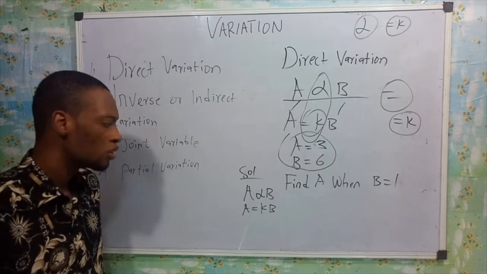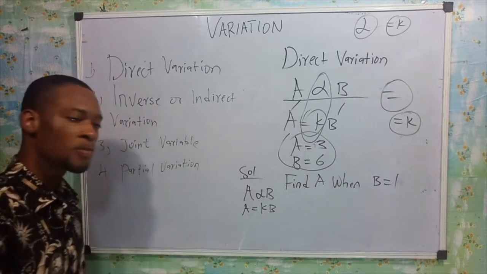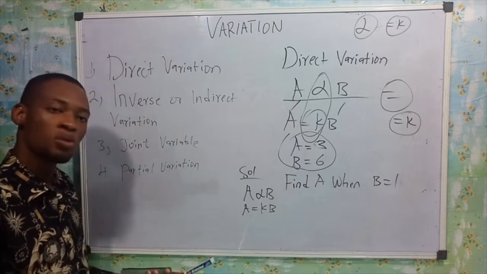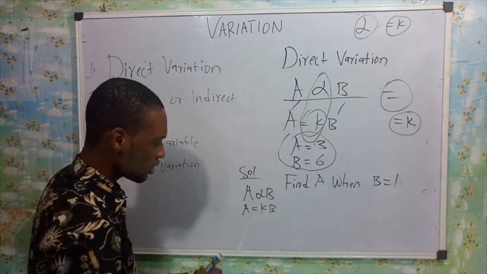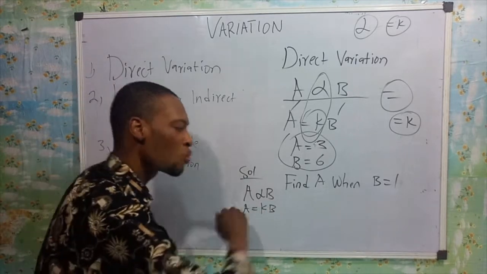To find K, make K the subject of the formula. And to do that is easy. I want K to be equal to every other thing.